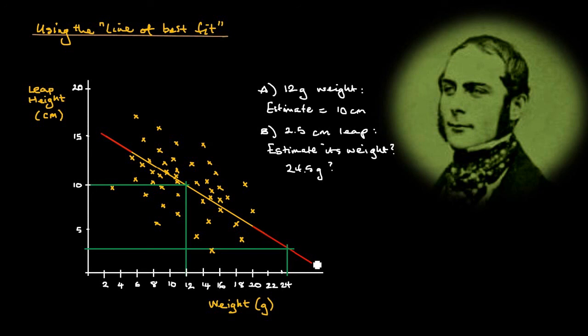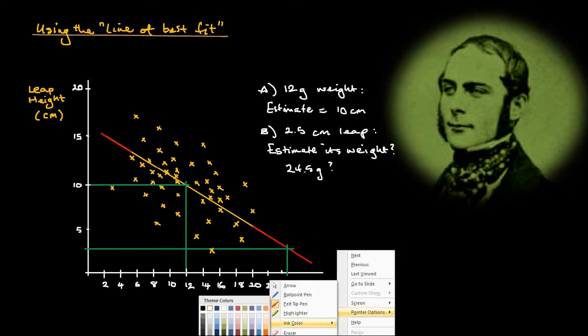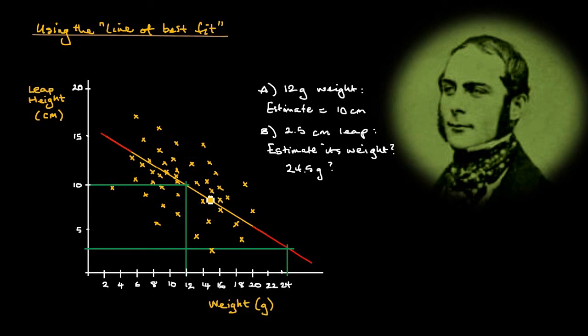Well, no, it isn't, because extrapolated data is notoriously unreliable. And that's because we only really know about this part of what could be not a straight line but a curve. So in other words, sure enough, it's a straight line here, but this might well be curving out here, so that it could weigh much more than 24, it could weigh less.